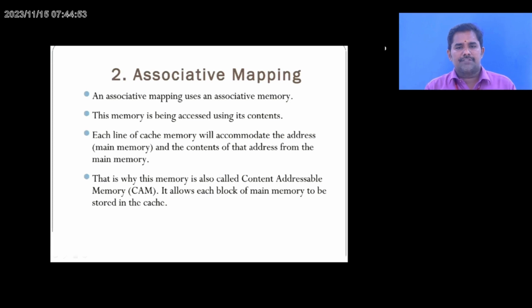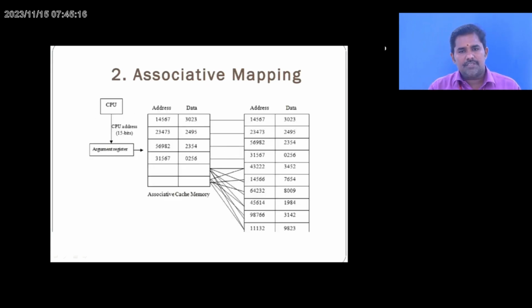The second method is associative mapping. Associative mapping uses associative memory, where the memory is accessed using its content. Each location of the cache memory will accommodate the address of main memory and the content of that address from main memory. That's why this memory is called content addressable memory, CAM. It allows each block of main memory to be stored in the cache.